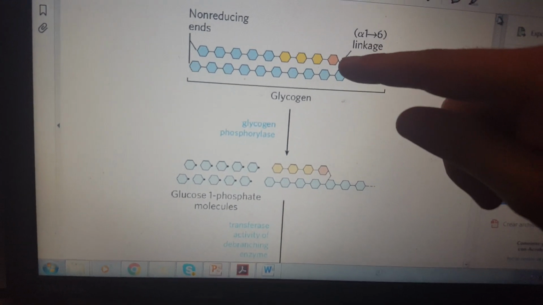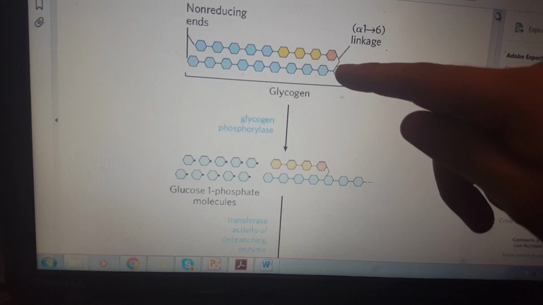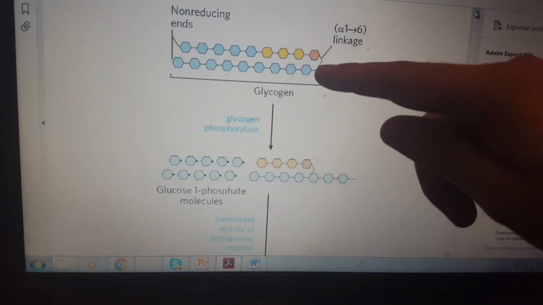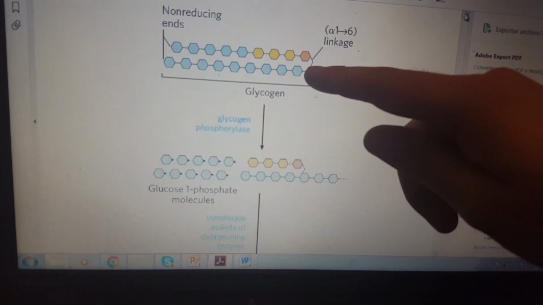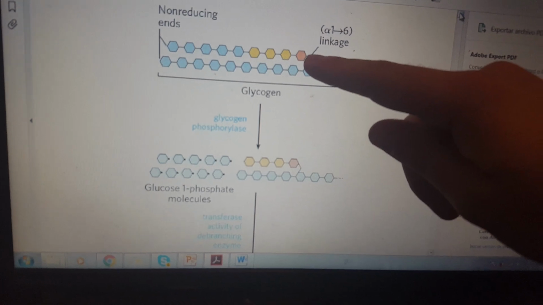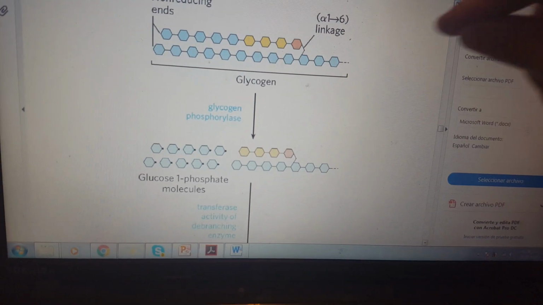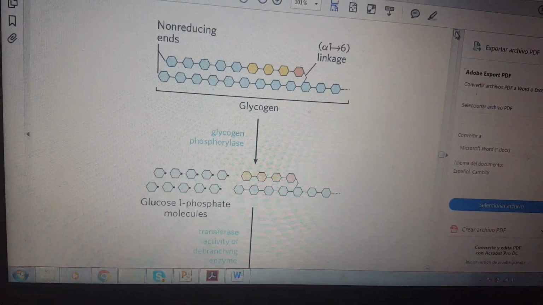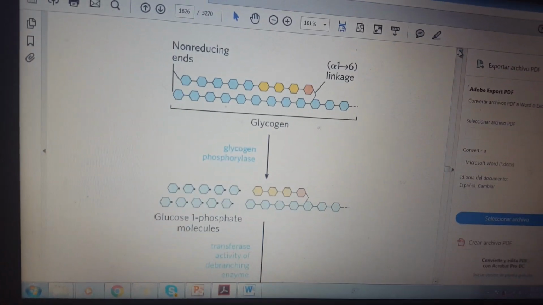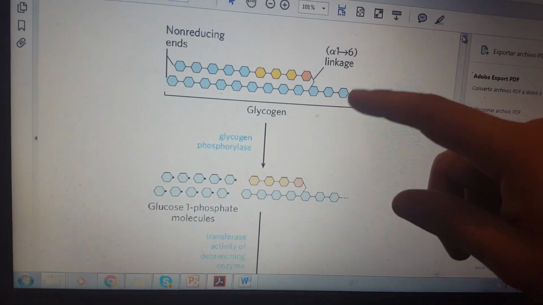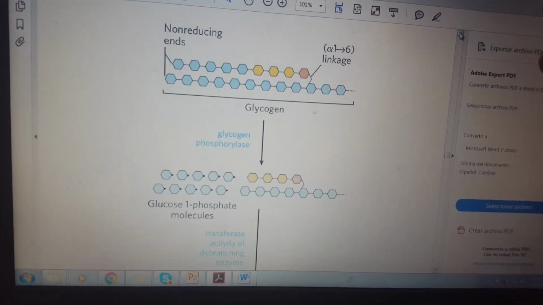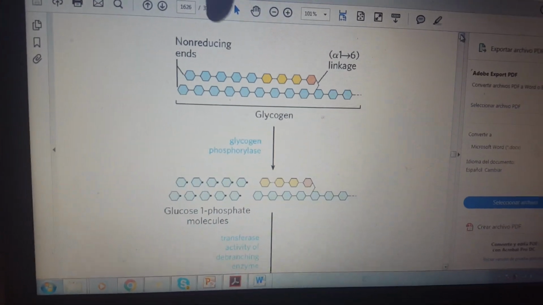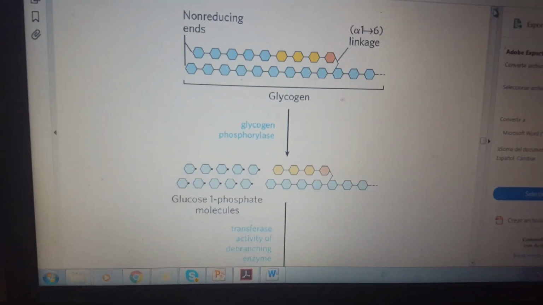It's characterized by a glycosidic bond between carbon number 6 and carbon number 1 of the branching molecule. It's a glycosidic bond with alpha-1,6 linkage, and there is a portion here that is the reducing end of the molecule and the non-reducing end of the molecule.